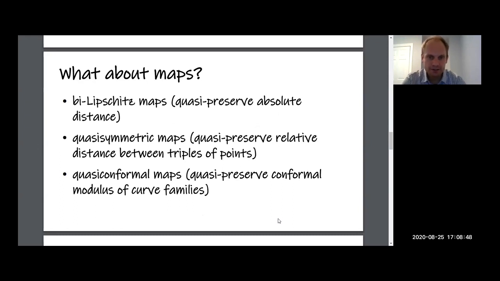Next, we have quasisymmetric maps, which roughly preserve shape: if you have a triple of points, the relative distances within that triple are roughly preserved. And then finally, we have quasiconformal maps. These can be defined in a couple of different ways, but here we'll just say those that quasi-preserve the conformal modulus of curve families.